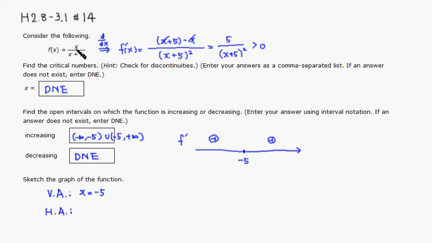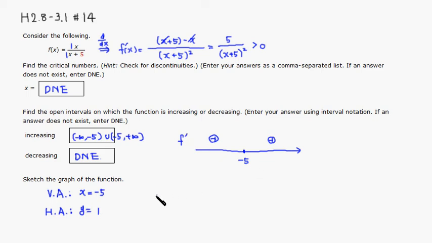You can see that the degree on top is 1, degree on the bottom is 1. So we just do leading coefficient, which is 1 on top and 1 on the bottom. So y equals 1 over 1. So y equals 1 is the horizontal asymptote.